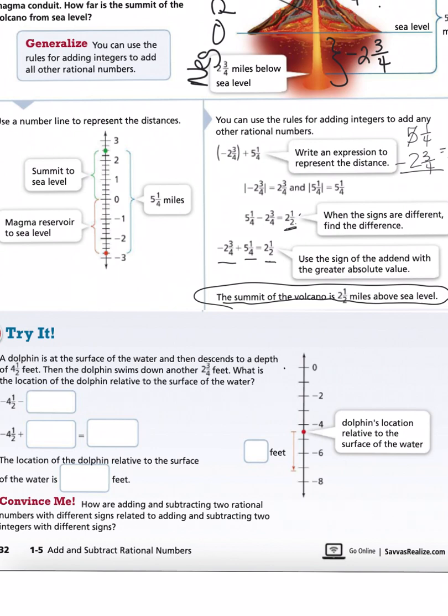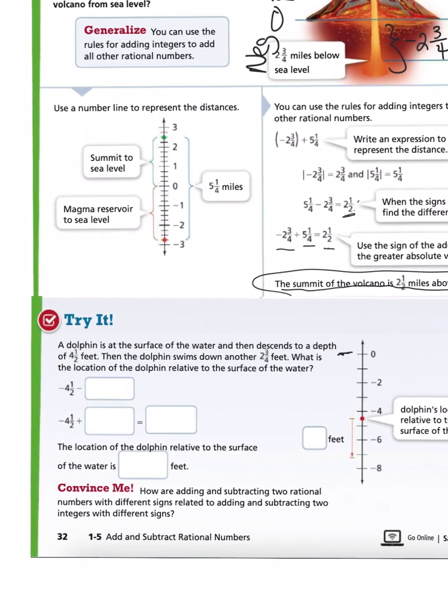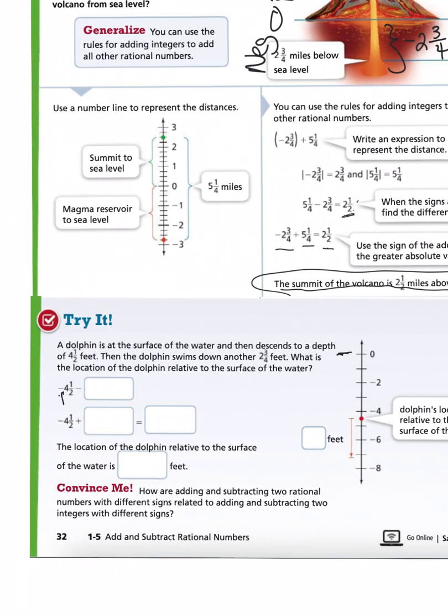So we started at 0 at sea level, and it went down, which, as they've shown you, is represented by a negative. So they went down all the way to 4 1/2. So this is negative 4 1/2.